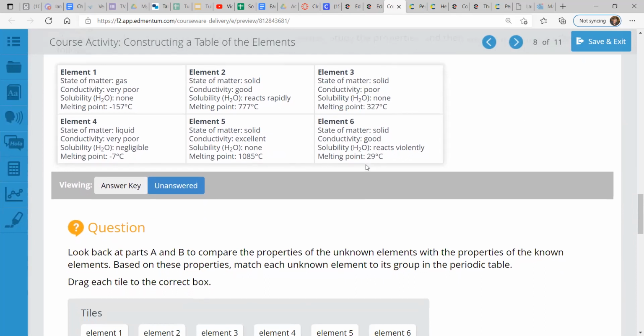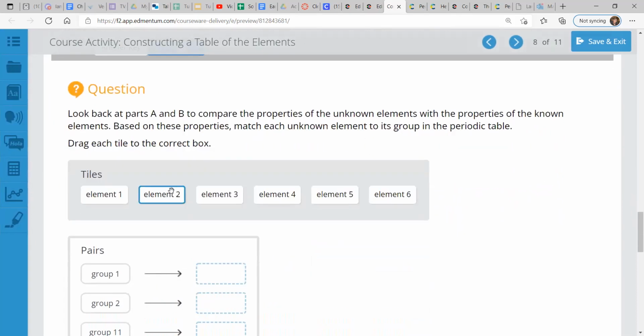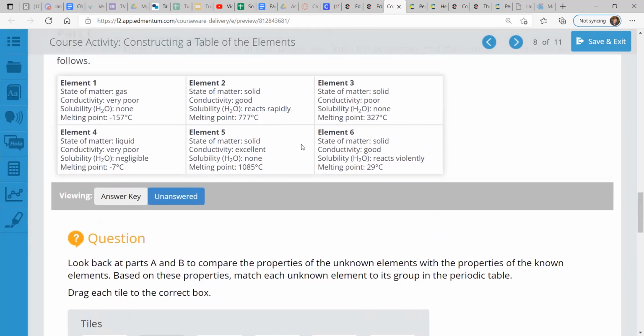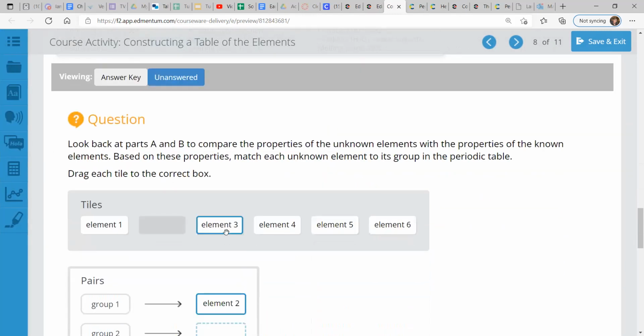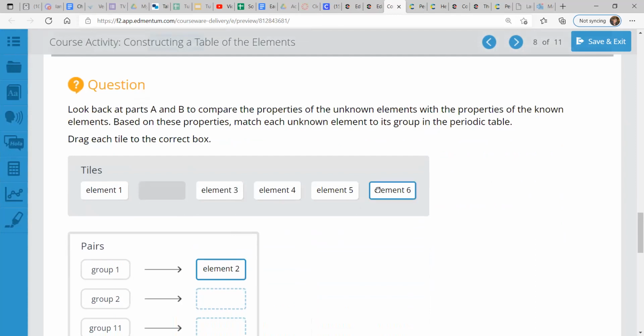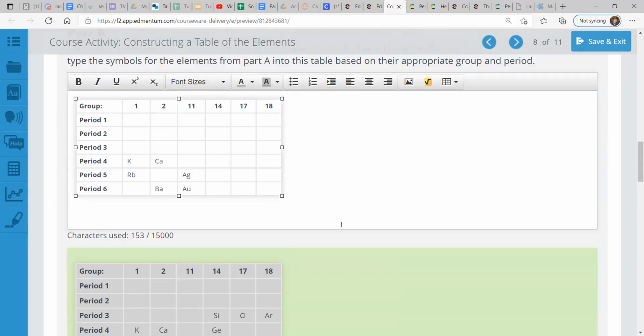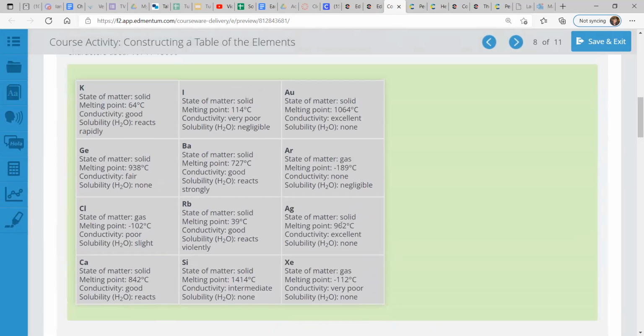So we're going to put element 2 in group 1 and element 6 in group 2. Why, you ask? Well, we'll go back to this and see that potassium reacts rapidly when that's in group 1.